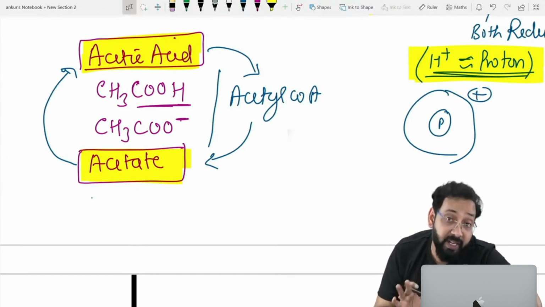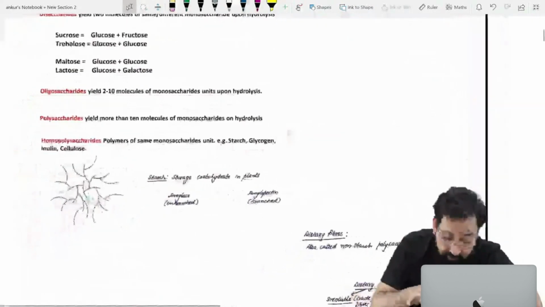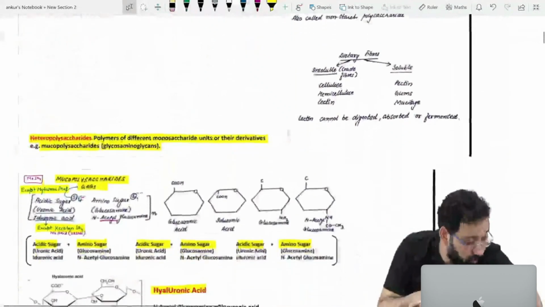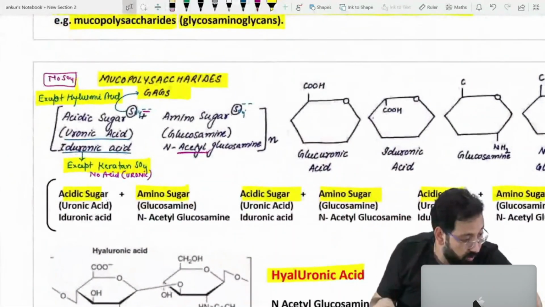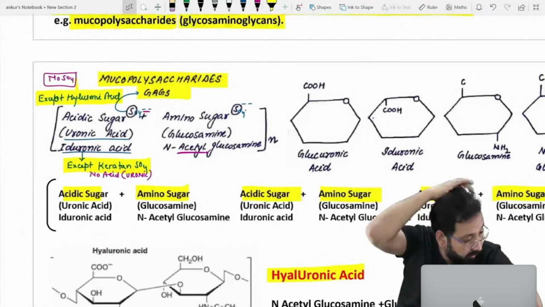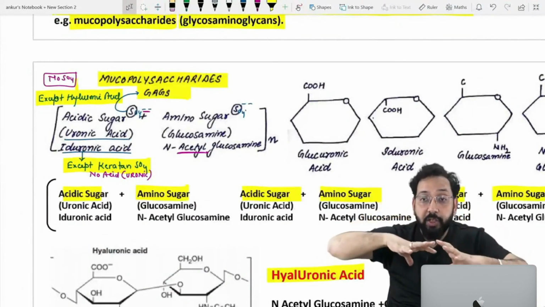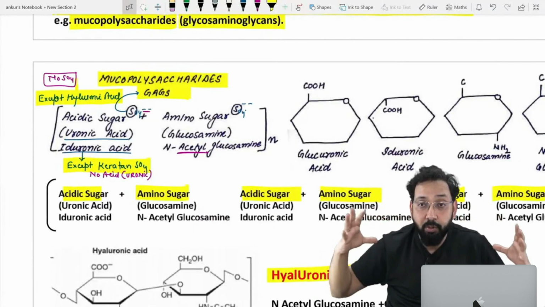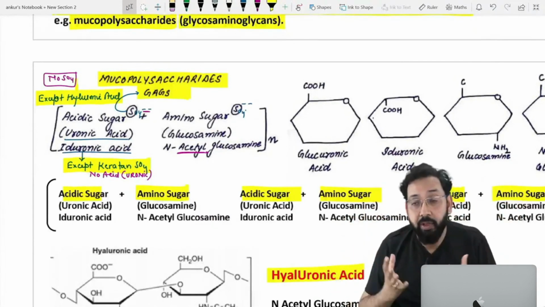Sulfate is having negative charge, so we can say that all these mucopolysaccharides are having negative charge. That's why nature distributed these glycosaminoglycans widely in our body wherever we want.